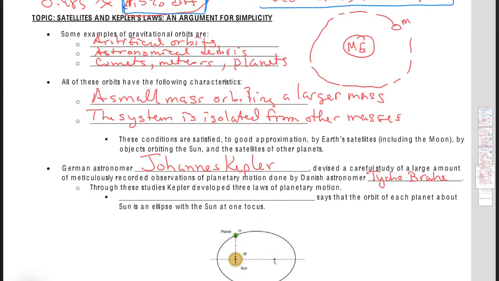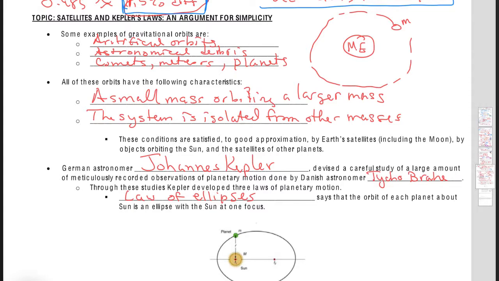The first is called the law of ellipses. If you're currently taking pre-calc, you will study conic sections, and you'll learn that one of these conic sections is called an ellipse. The law of ellipses says that the orbit of each planet about the sun is an ellipse with the sun at one focus.